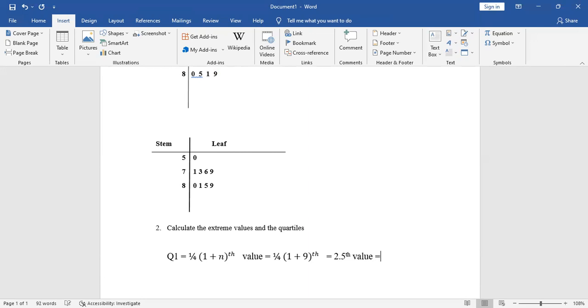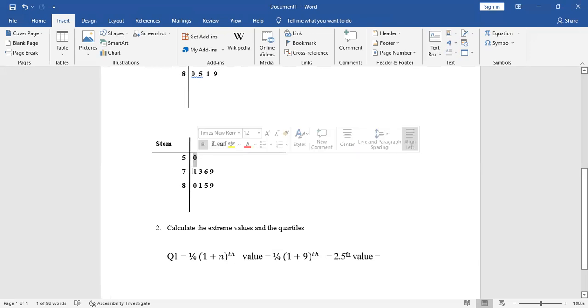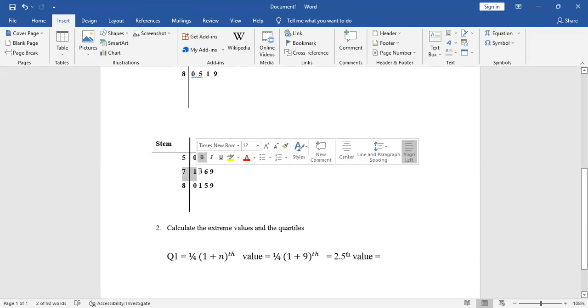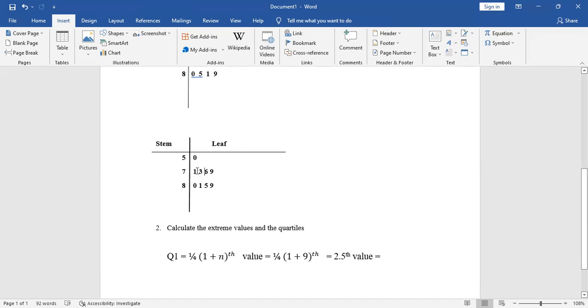So the 2.5 value is between the 2nd and 3rd values. This is the first value, 50, then 71 is the second value, and 73 the third, because I'm counting in order: 1, 2, 3. So the 2.5 value is in between 71 and 73.